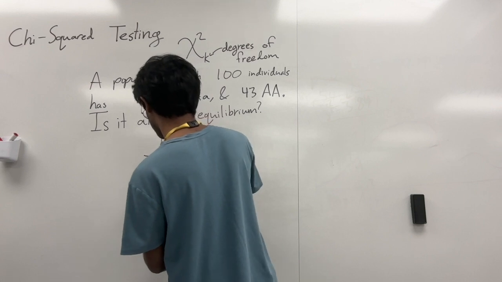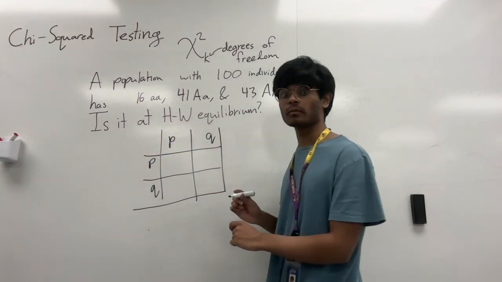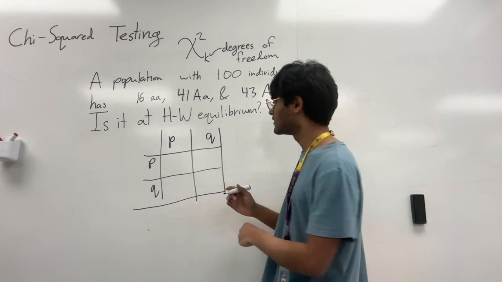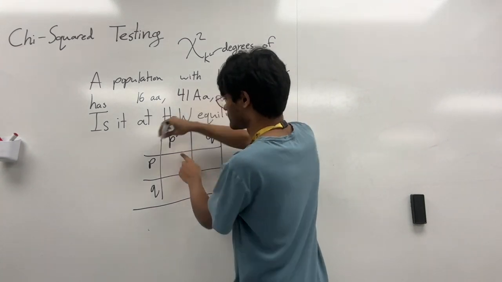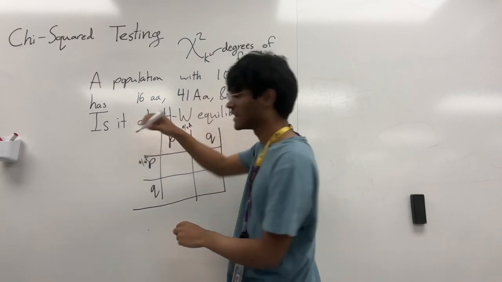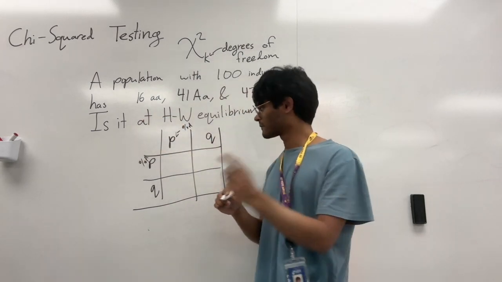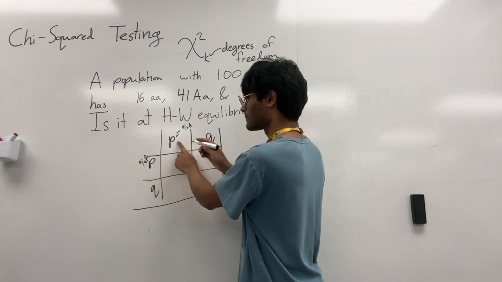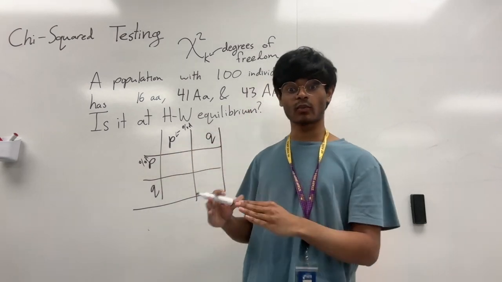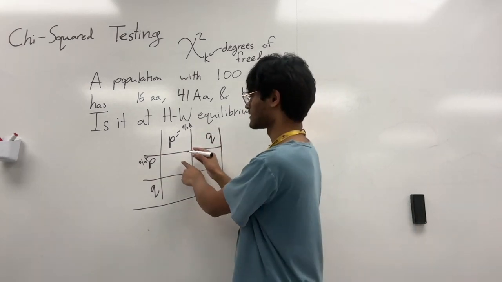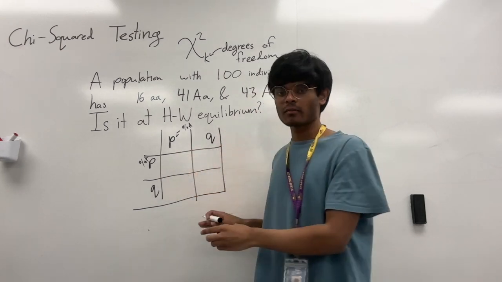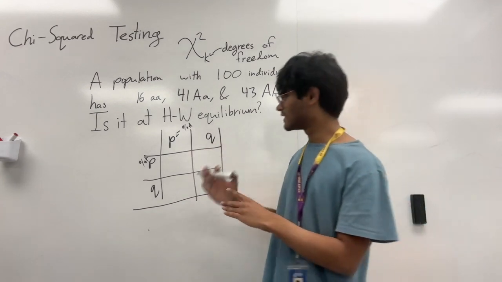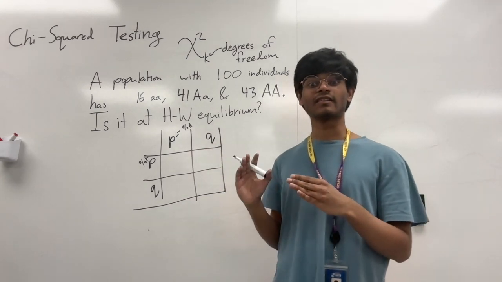And so the chance of an individual being big A big A is equal to the allele frequency of big A times itself, because they need to get 2 big A's. So we take p, that allele frequency for big A, and we square it. That gives us that chance. We can do a similar calculation to get our probabilities of seeing big A little a or little a little a, and that's how we can calculate some expected values.